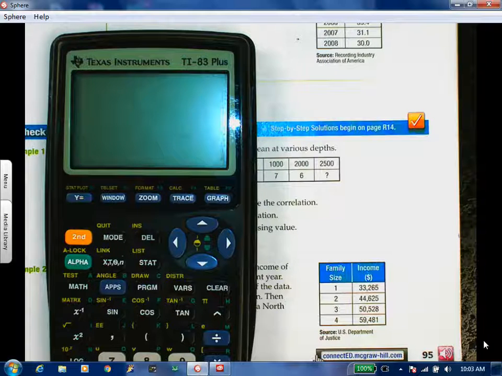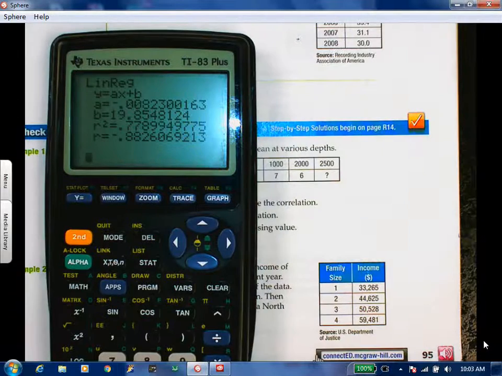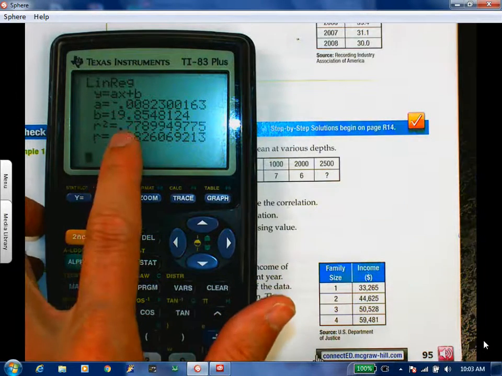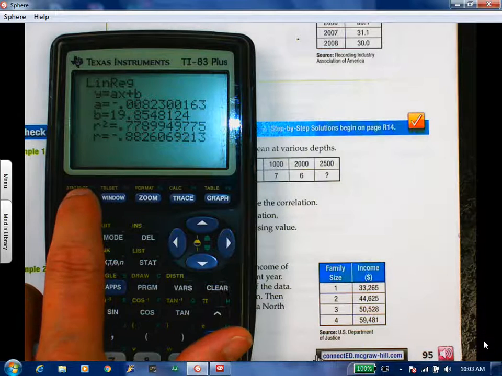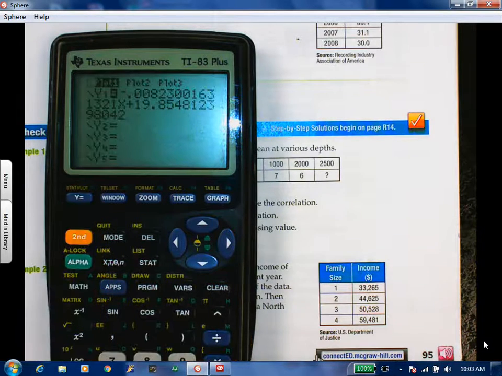So here's your equation. Now, if you push y equals, guess what shows up in this y equals menu now? Okay. Your equation should be there. Does everyone have that equation in there?